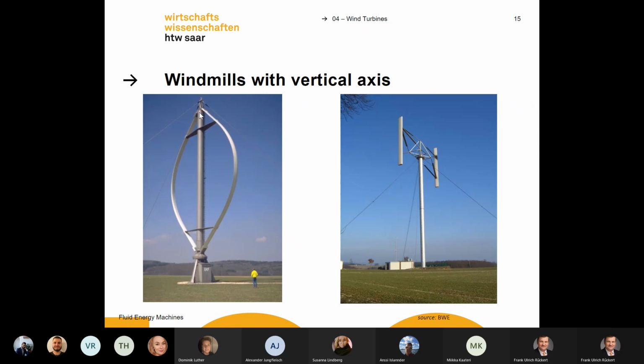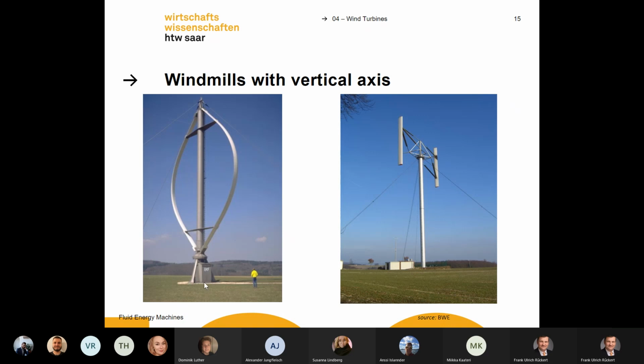Okay, and here we have a vertical axis windmill. We have an axis in the middle, 2 blades at the side, and here again 2 blades at the side of the axis. These windmills are not really common. You don't see them too often, but they have big advantages. For example, you can have the generator just on the ground.